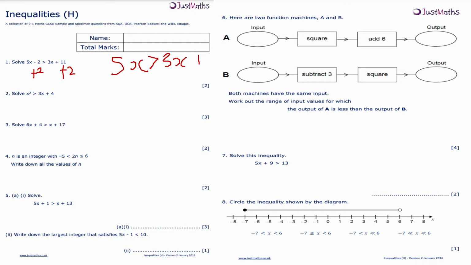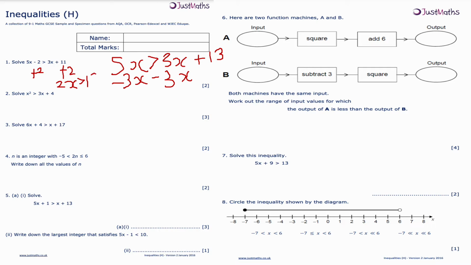I'm then going to subtract 3x on both sides of my inequality because I want to try and get all my x's on one side and all my numbers on the other side. So then I get 2x is greater than 13.